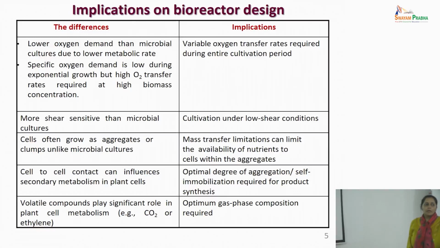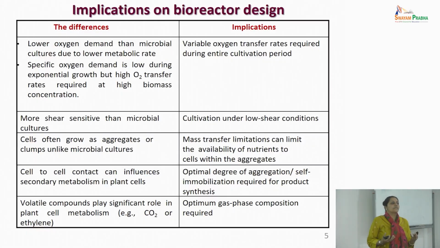So I was talking about, based on these differences, what implications it may have on the reactor design. The lower oxygen demand than microbial cultures, due to lower metabolic rate, means there can be less aeration or mixing requirements. But also please keep in mind that plant cell cultures show non-Newtonian behavior as they keep increasing in density.